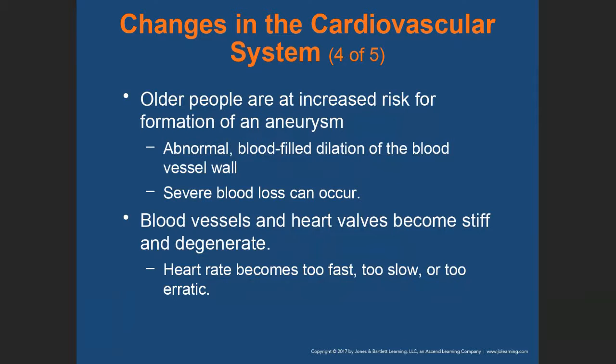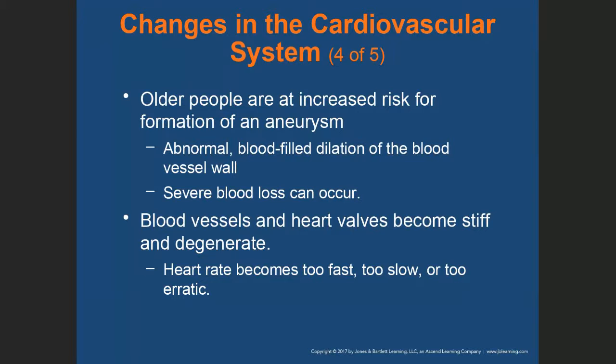Older people are at increased risk for formation of aneurysm. An aneurysm can form in the brain, in the chest, and in the abdominal aorta. So the portion of the aorta in the chest can have an aneurysm, it can form in the cerebral blood vessels, and in the abdominal aorta.